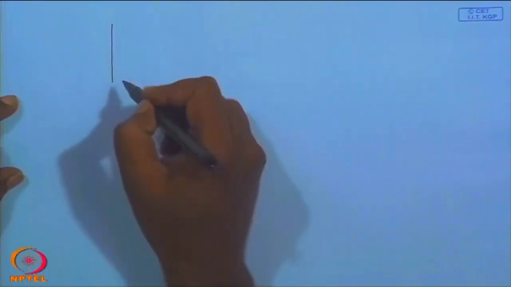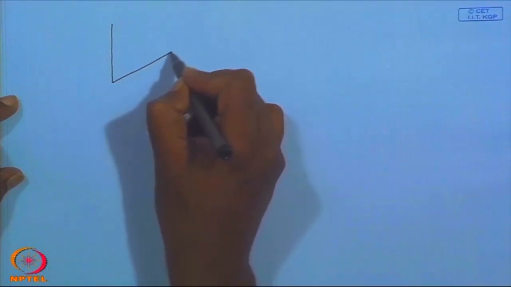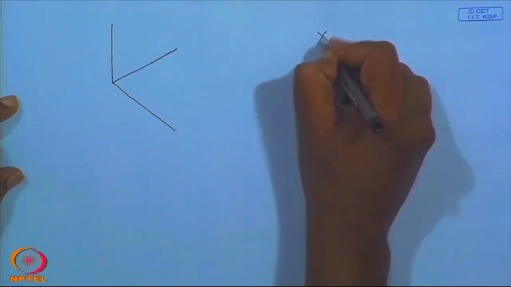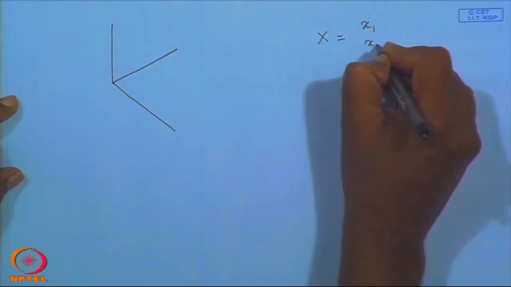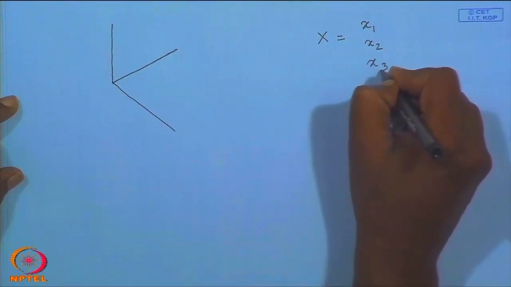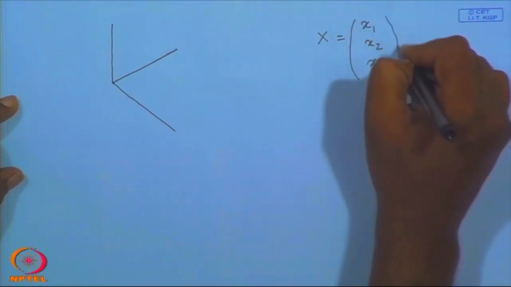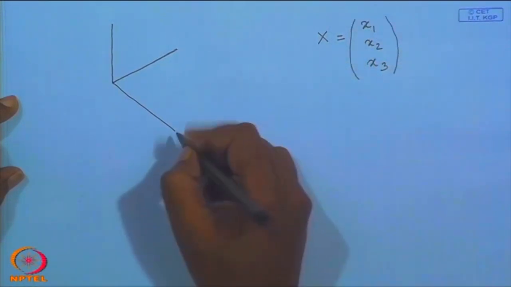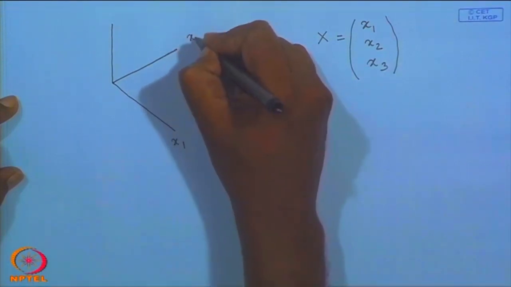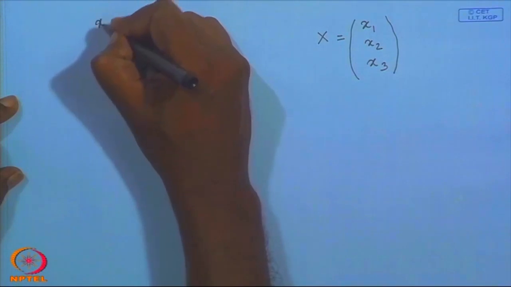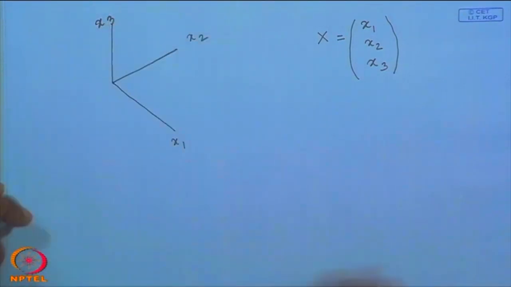So, in the last class we had taken a particular scenario. Now my vector x will be a 3 dimensional vector, so vector x is equal to x 1, x 2, x 3. It has 3 components. Accordingly, this is my x 1 axis, this is my x 2 axis, this is my x 3 axis.